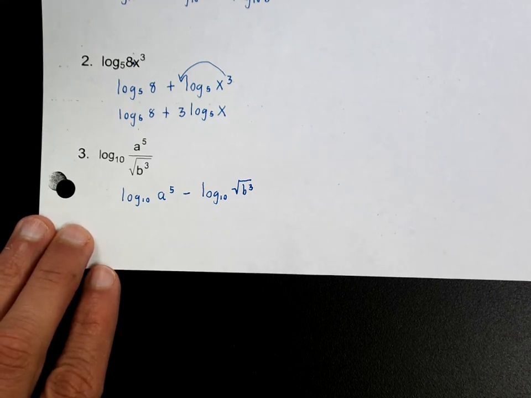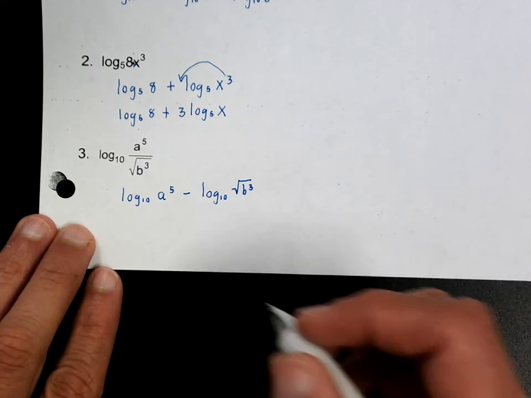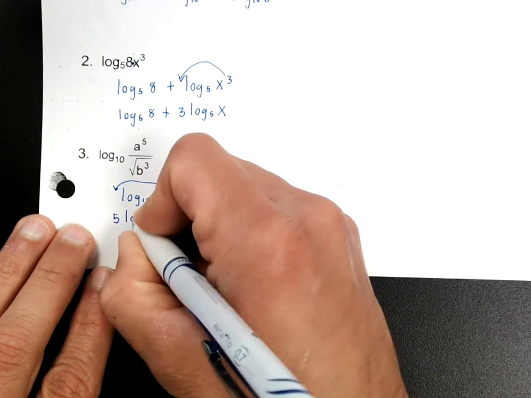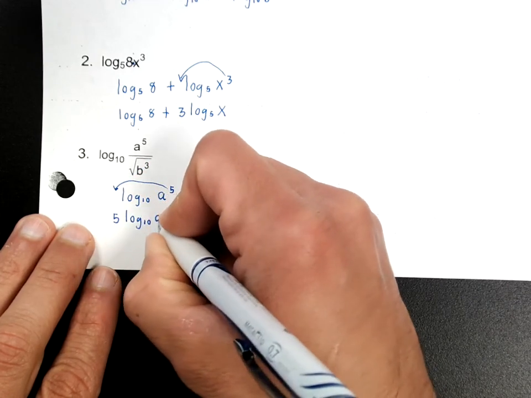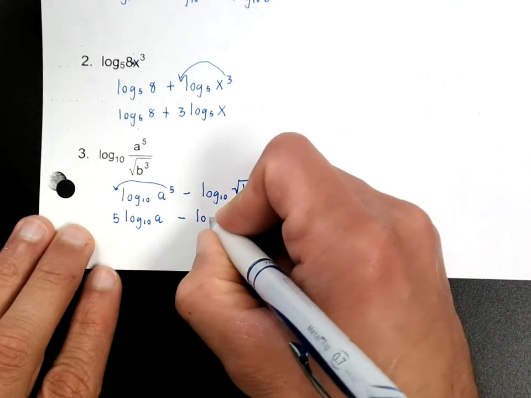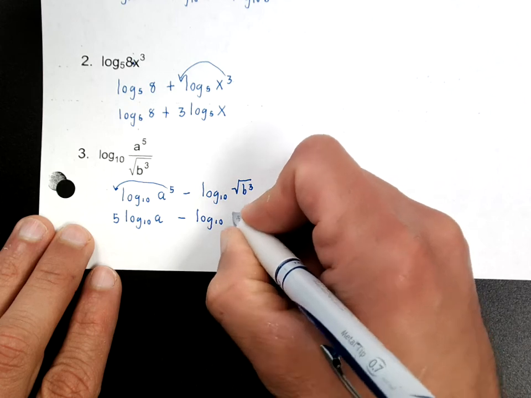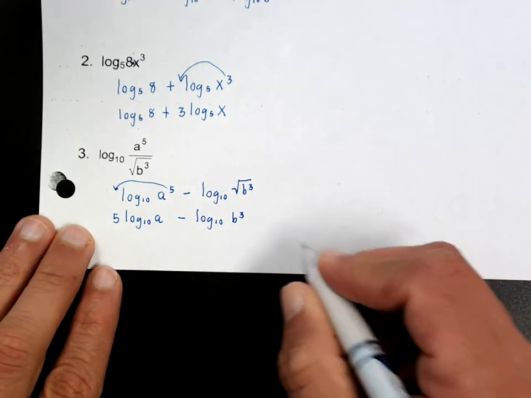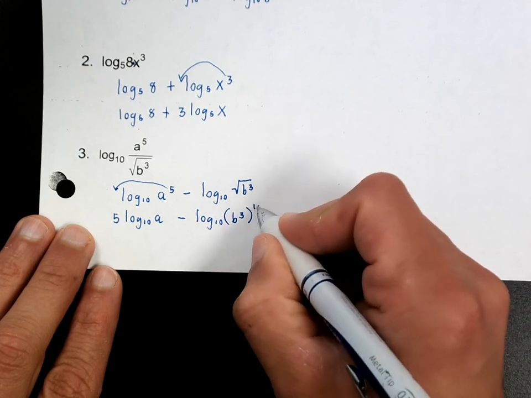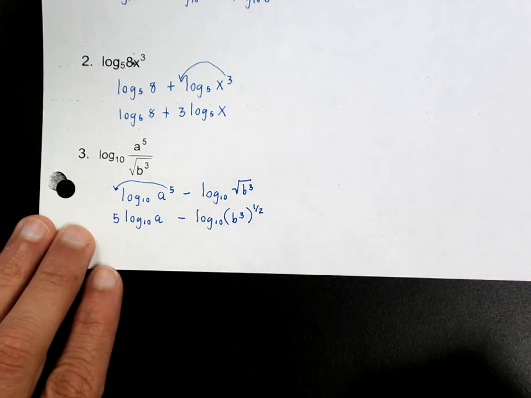Now I'm going to go to rule number 3, and I'm going to write this 5 in front of this logarithm. So I have 5 log base 10 of a. Before I go on, remember that there's a way for me to write this square root as an exponent. The square root I can write as the 1/2 power.